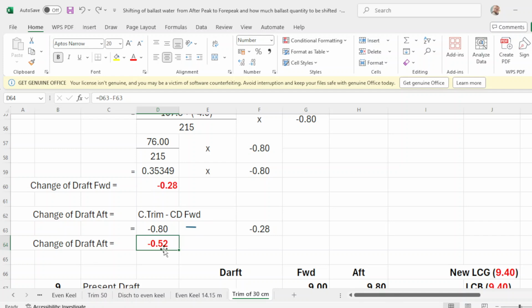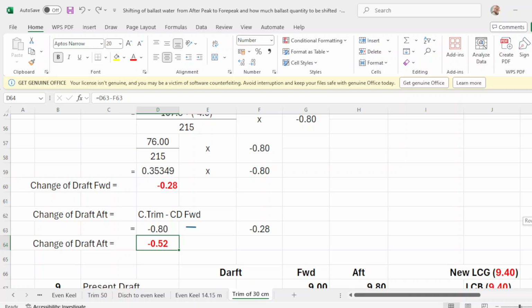The change of drop aft will be negative 0.52. Okay, correct.